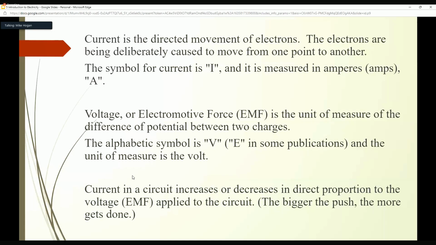In fact, they're directly proportional. As potential difference increases, my current increases. As potential difference, or voltage, decreases, my current decreases. And then resistance is the third factor in that formula that we're going to talk about relatively soon.